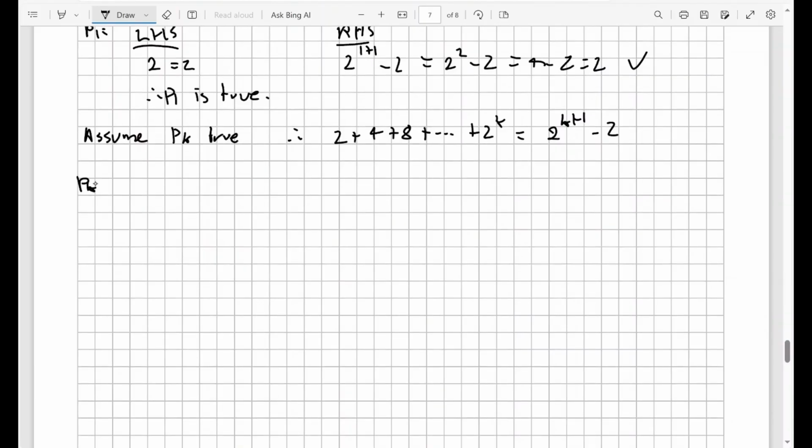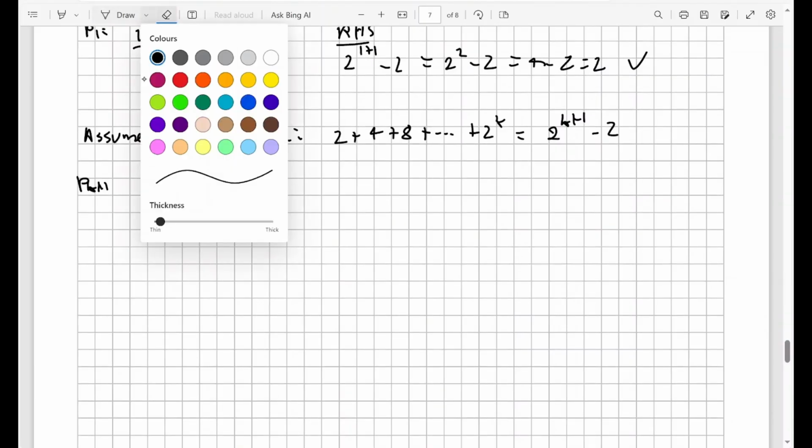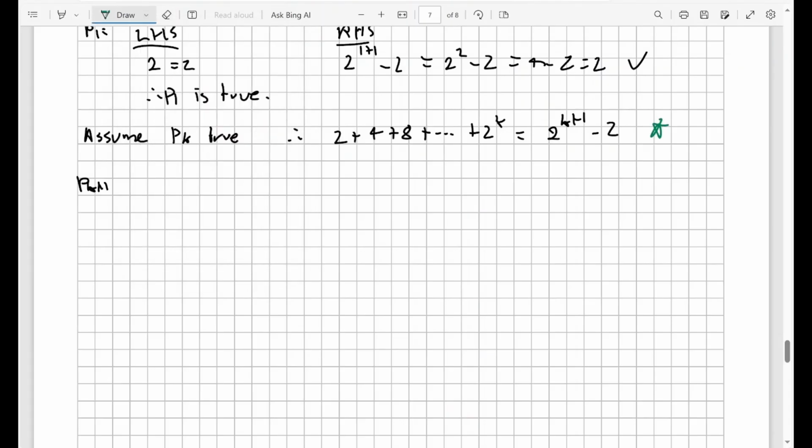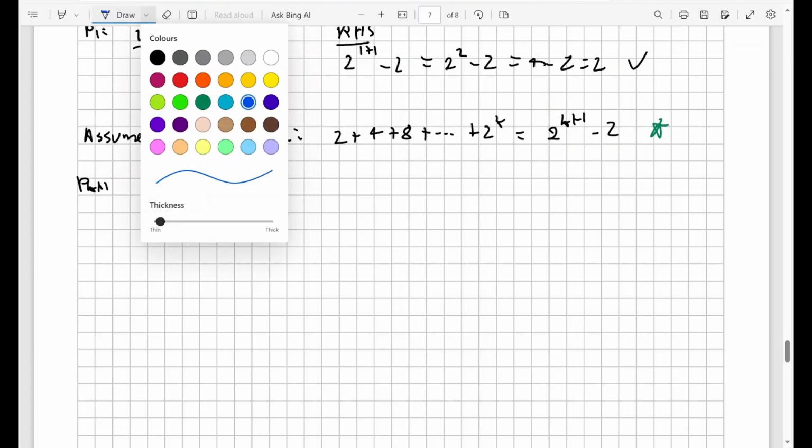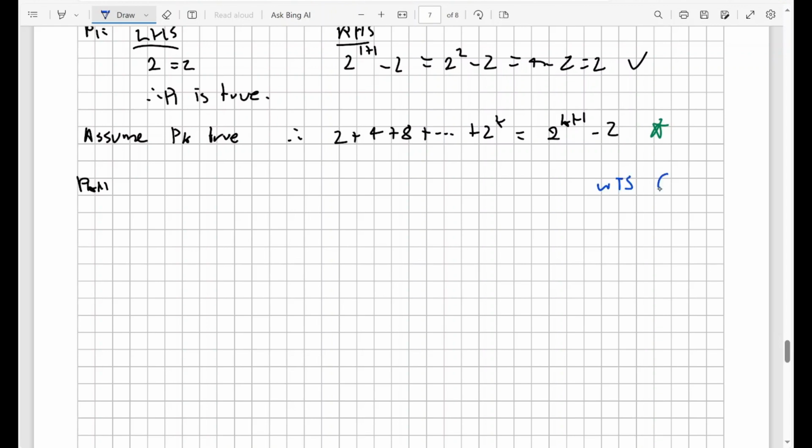Now we'll look at our Pk plus 1. First thing I'll do is label that with star, and then we're going to do a want to show. So want to show, in other words, what we want our right hand side to look like is 2 to the k plus 1 plus 1, take 2, which should simplify down to 2 to the k plus 2, take 2.